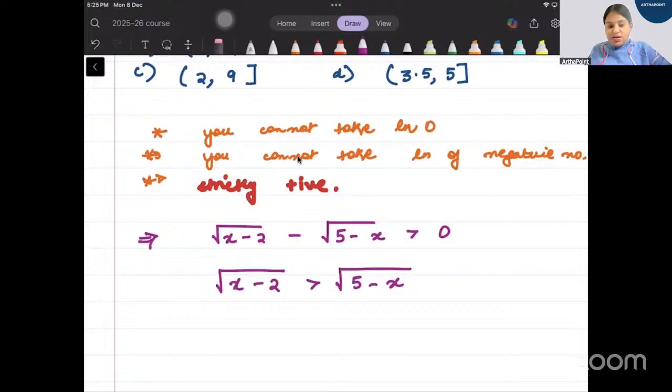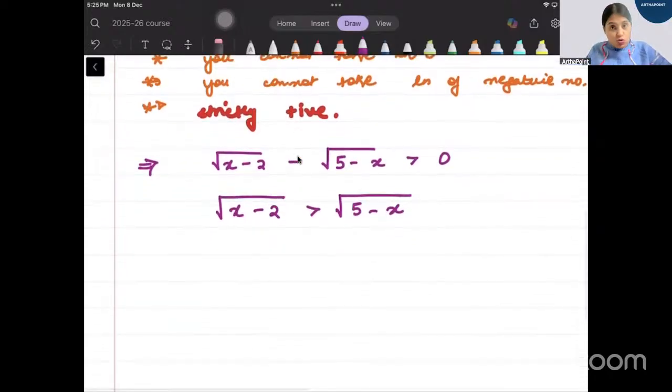Just solve this inequality. Once you solve this inequality, whatever numbers you get will be your answer.